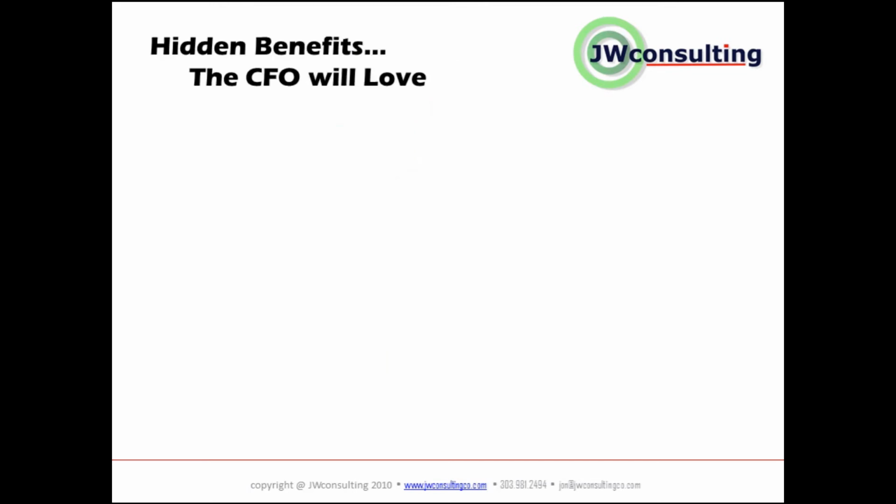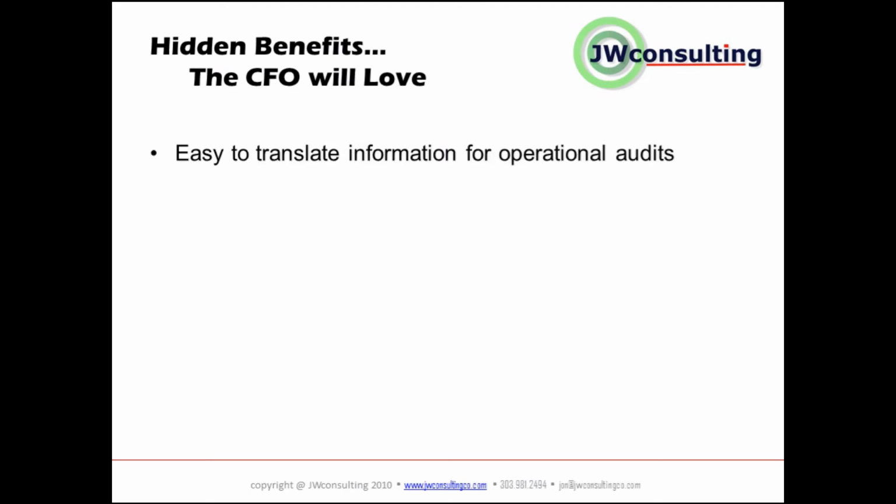Now, for all of the CFO types, numbers people, the people that are really accountable for the budgets, and especially if there's investors, it's going to be very important that there's some good numbers. And the additional benefit that you might not have thought of before is that there's easy to translate information for operational audits.